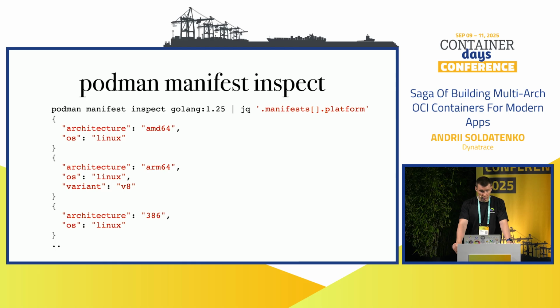If we print only platforms, you can see that this specific image consists of different architectures and different flavors. And again, I will repeat myself, when Podman or Docker or whatever pulls the image, it uses the host architecture by default if you don't specify the architecture explicitly.